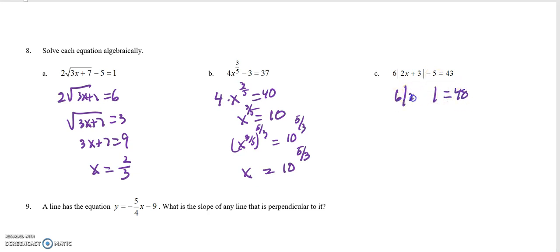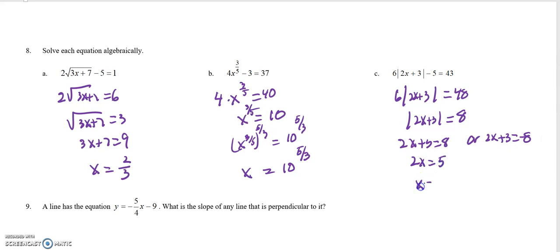If I divide by 6, I have the absolute value of 2x plus 3 equals 8. Now I make two cases, equals 8, or it equals -8. If I solve this one, I get 2x equal to 5, x equal to 5 over 2. If I solve this one, 2x equals -11, x equals -11 over 2.